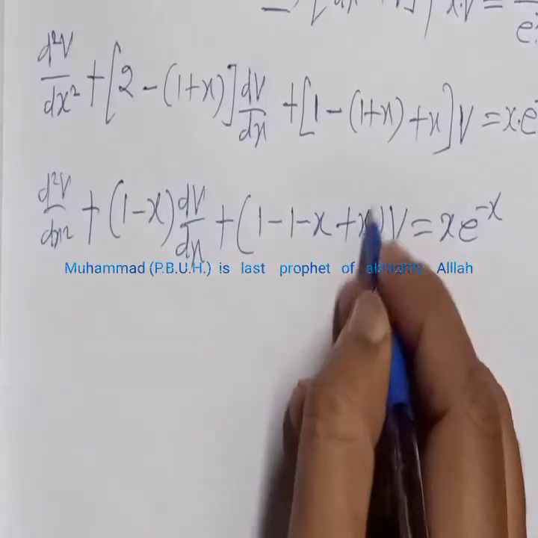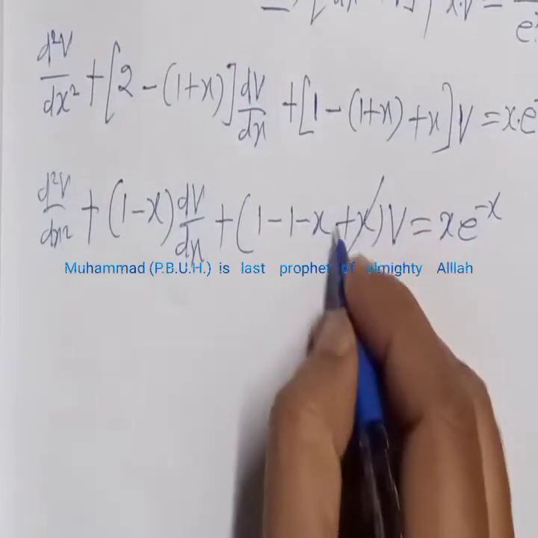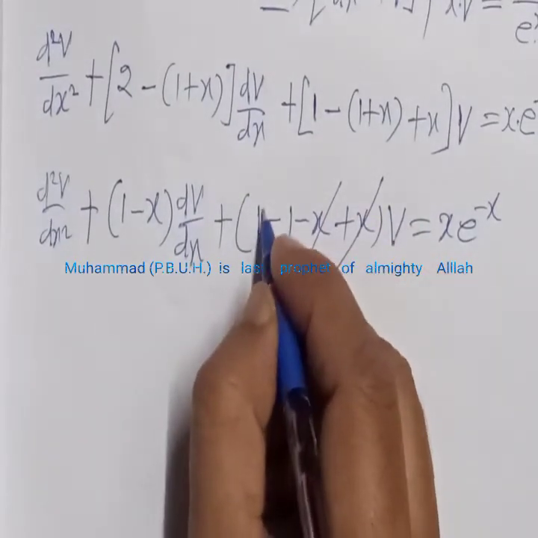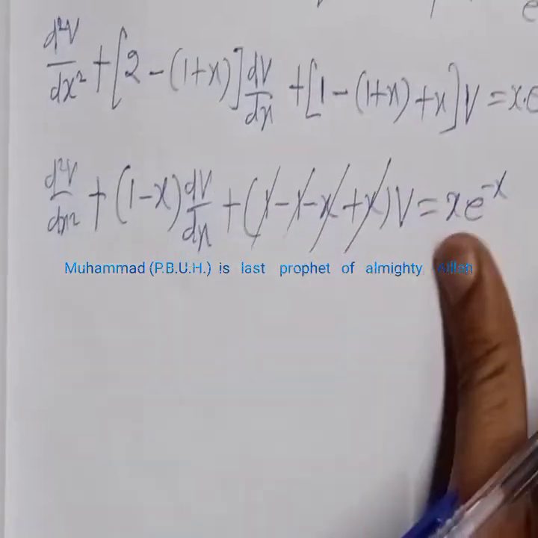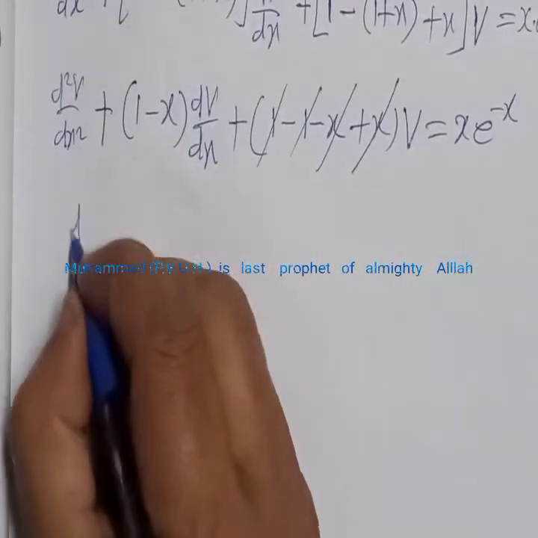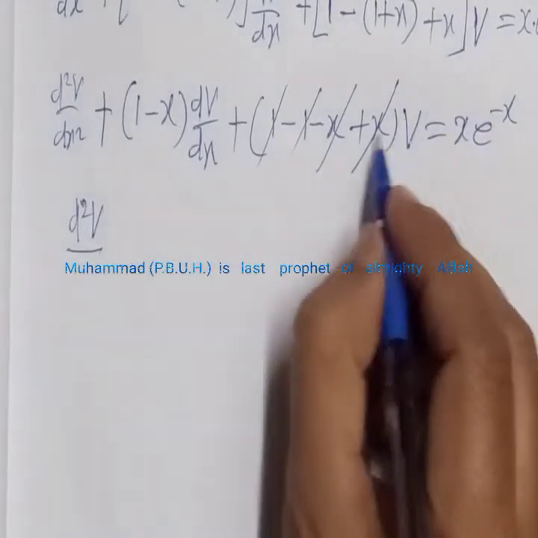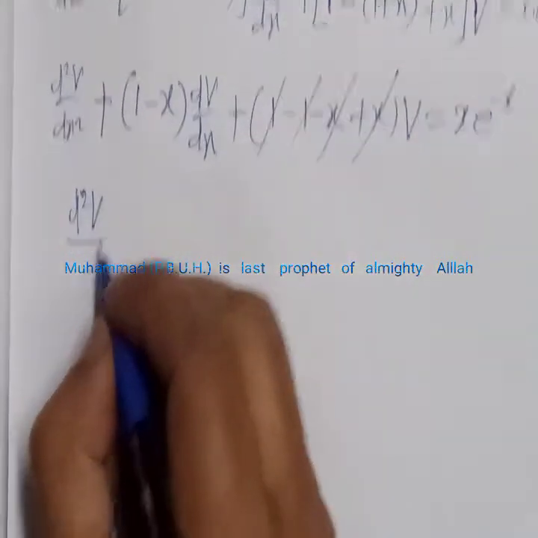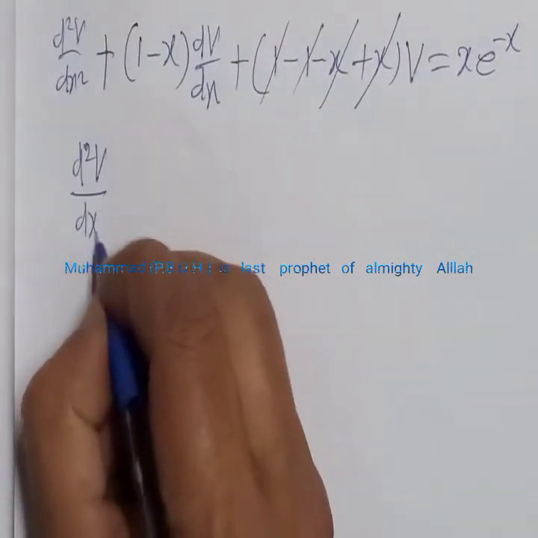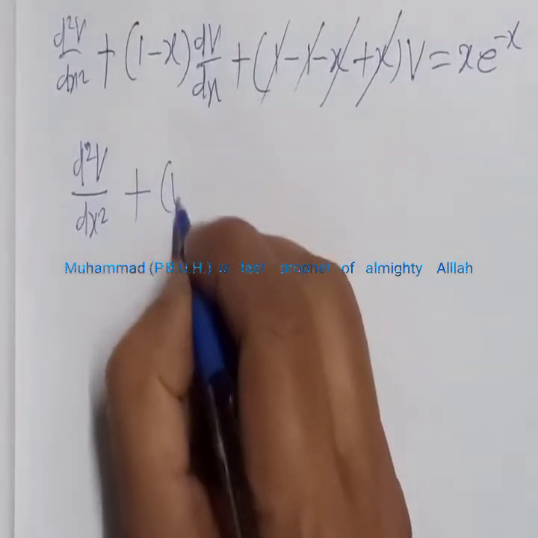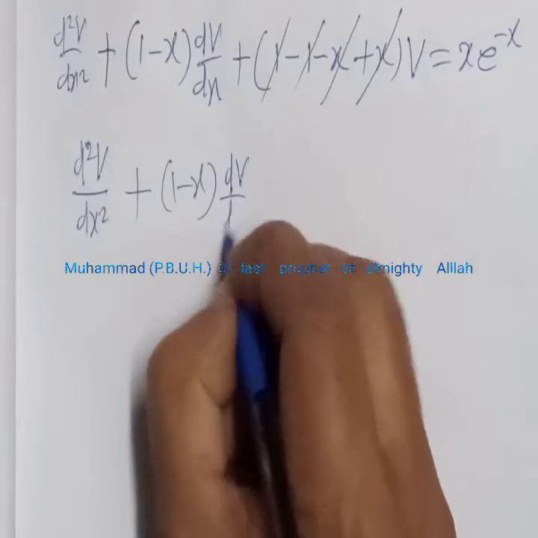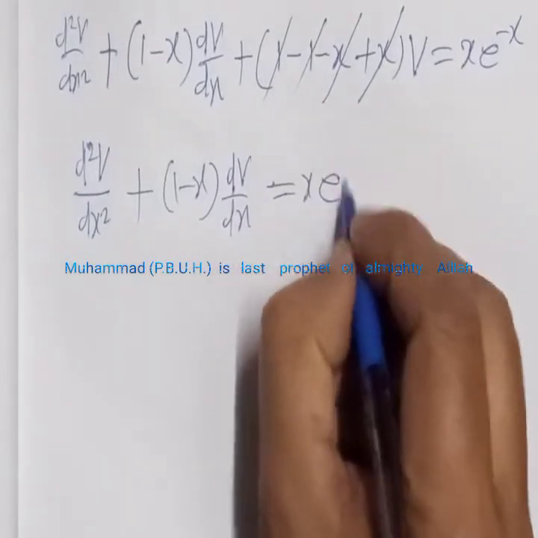But here see that x cancels out by minus x, and also plus 1 minus 1 cancel out. Now we see that the coefficient of v is 0, so the simplified equation is d2v over dx square plus 1 minus x dv over dx is equal to x e to the power minus x.